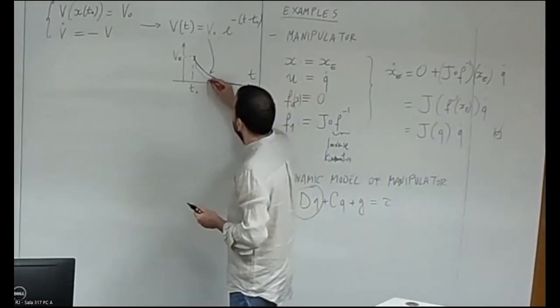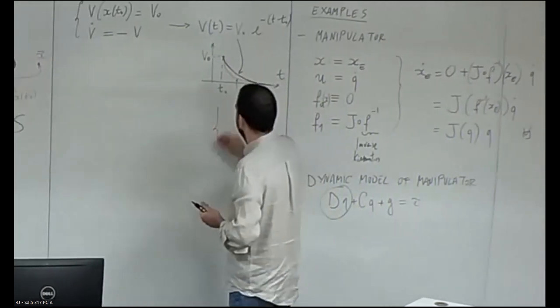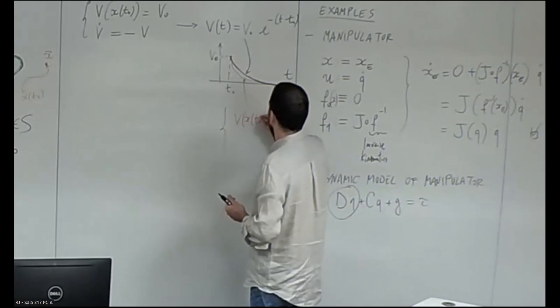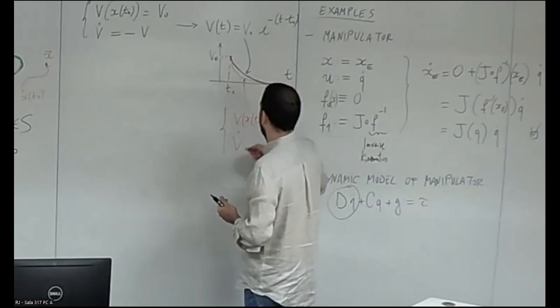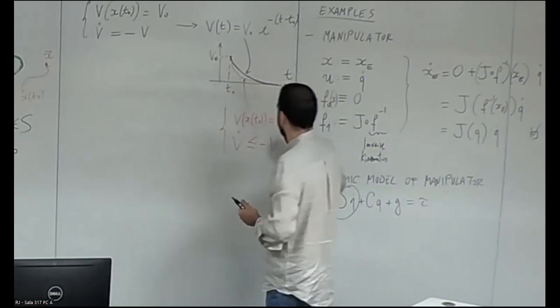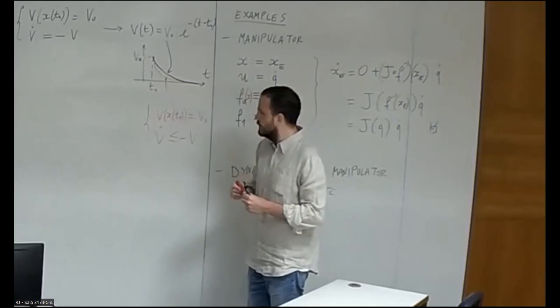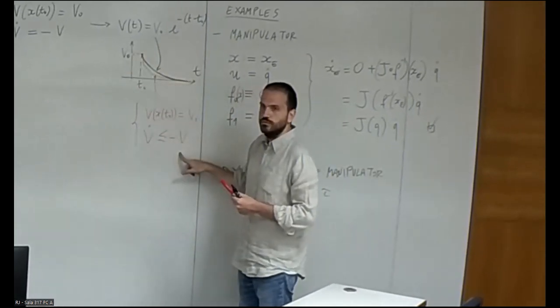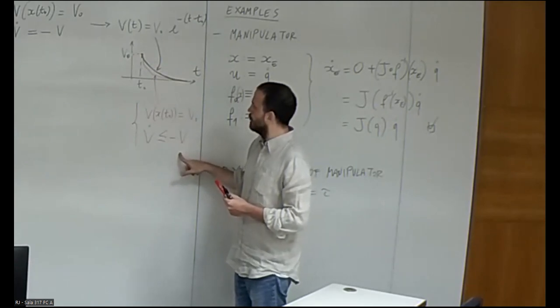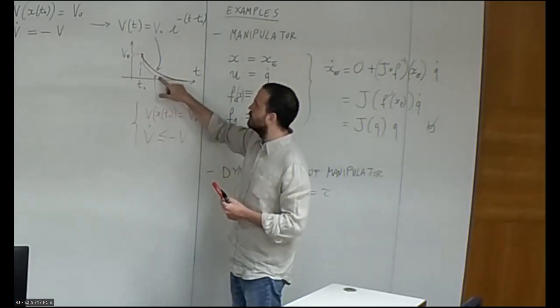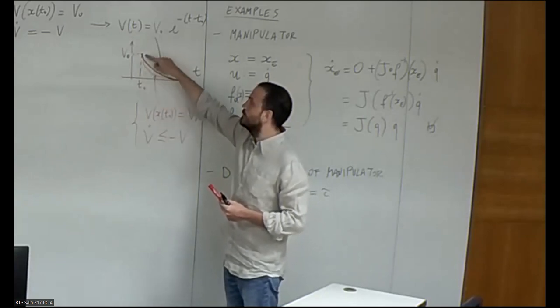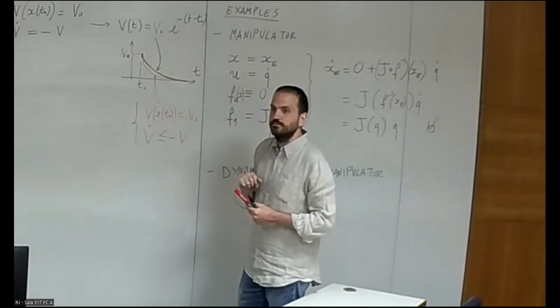So this is a solution of this differential problem. V dot, instead of being equal to minus V, is less than or equal to minus V. And a solution of this problem is this red curve: something that starts at the same place, but then is always below.